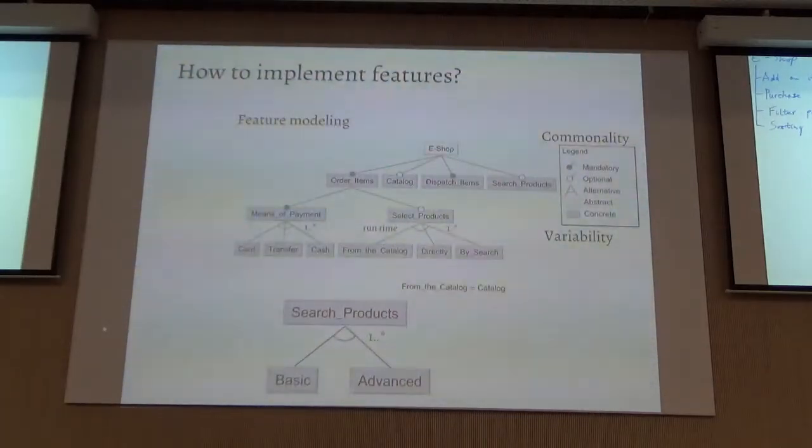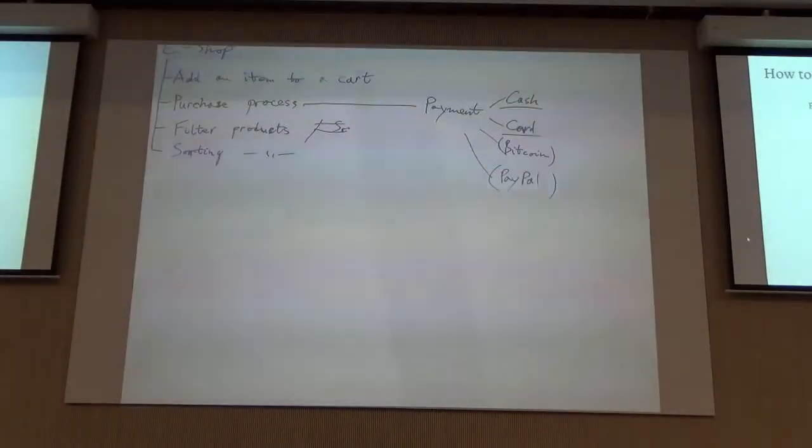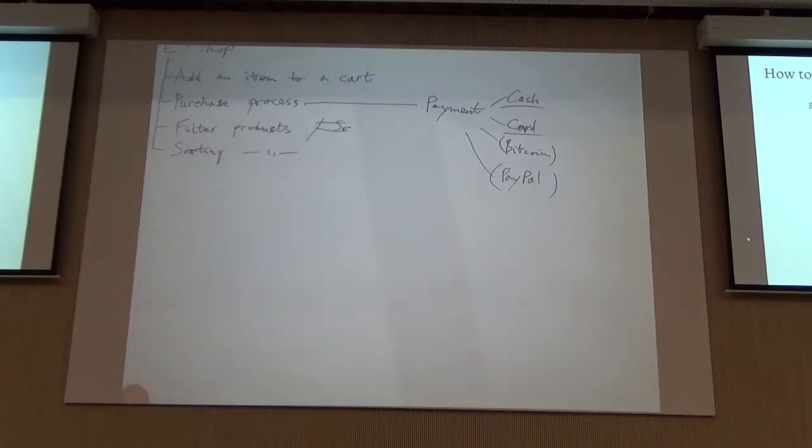I don't have exactly the class diagram, but if you have this, just look at these search products. Let's switch briefly, so you can still look at this, and for the recording. So, search products.